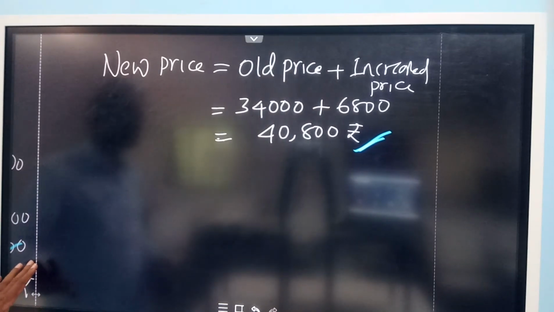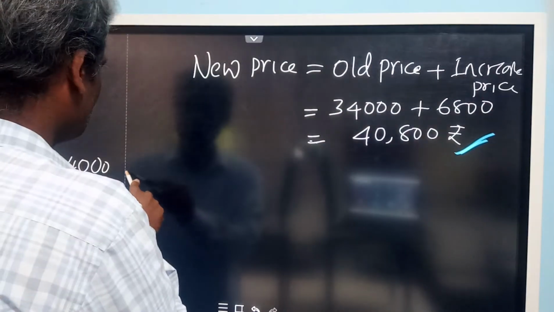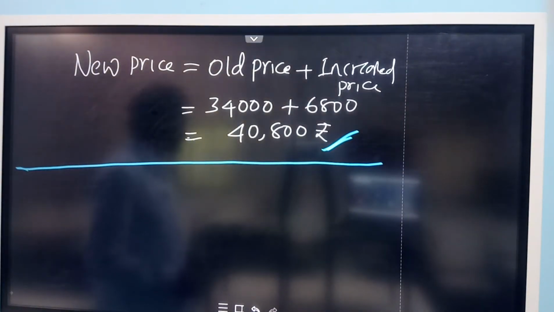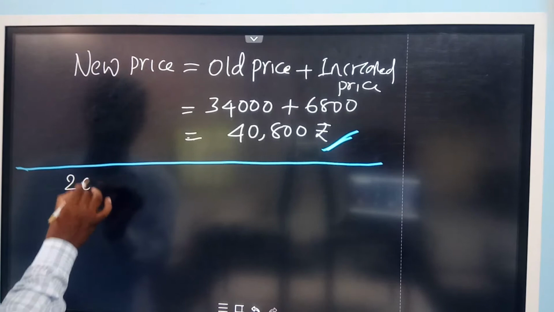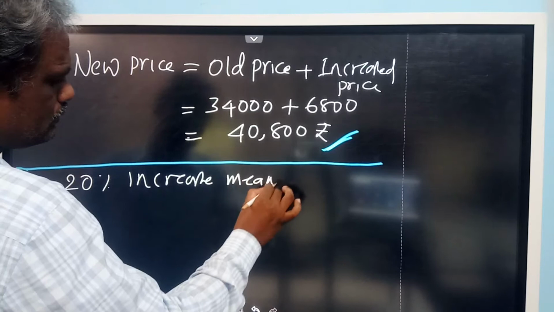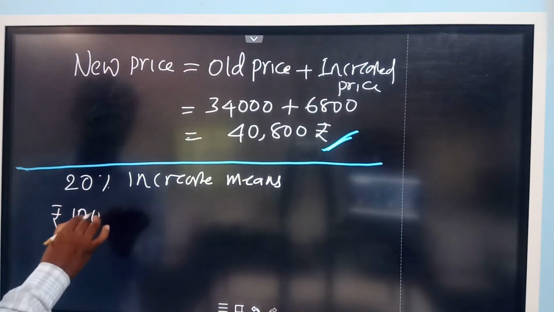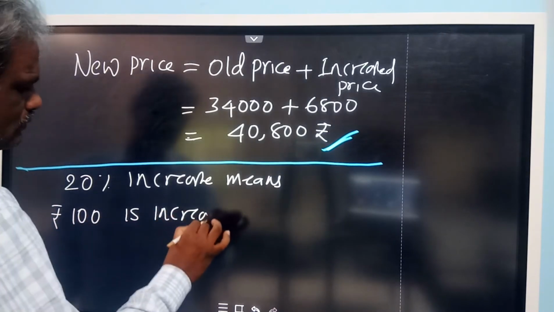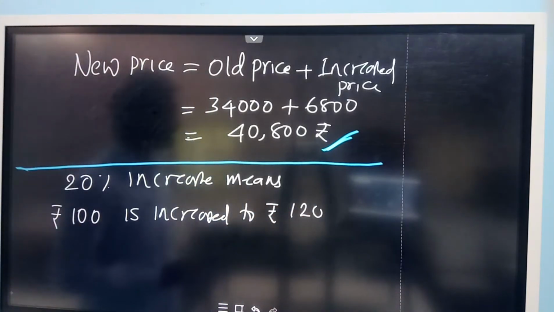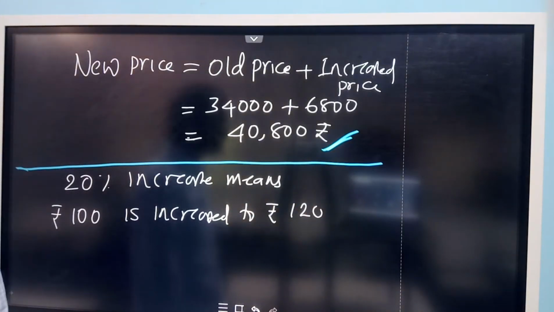So other method I tell you, listen here carefully. How we can do this one? Here 20% increase means, if rupees 100 is the cost price, then the amount is increased to rupees 120, then 20% increase we say.